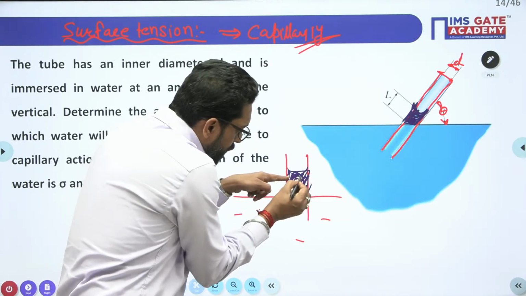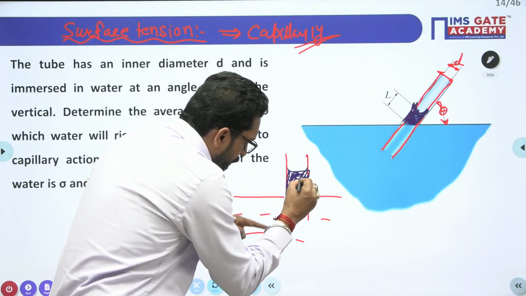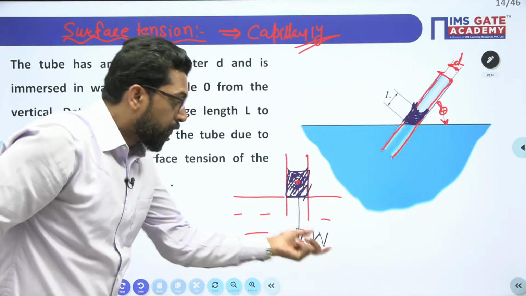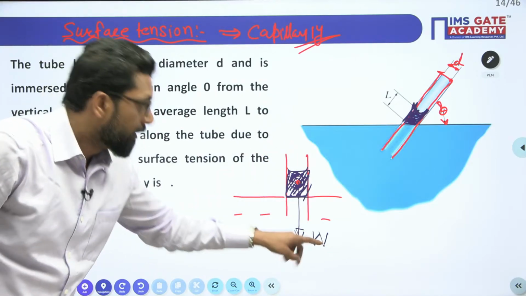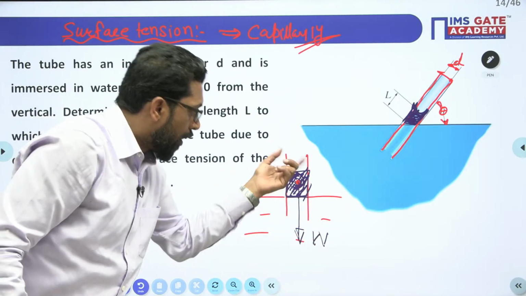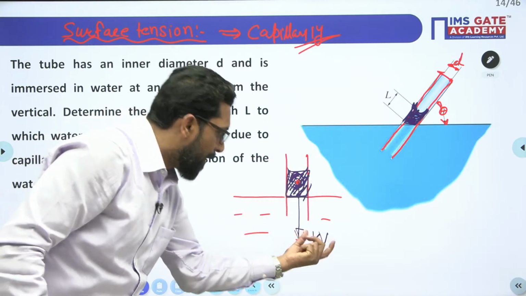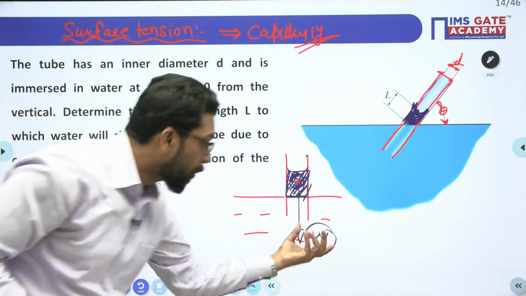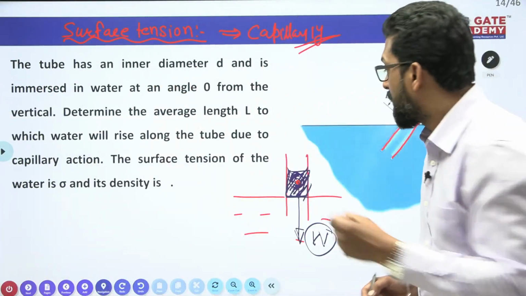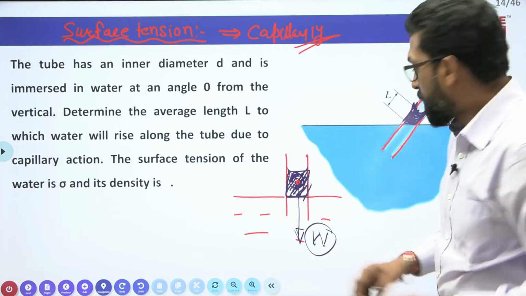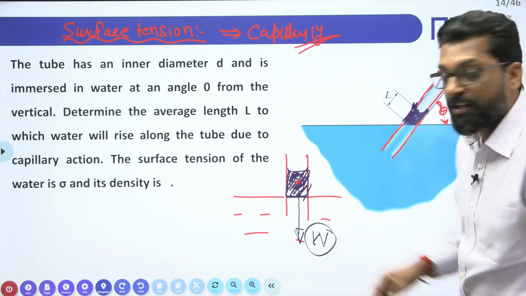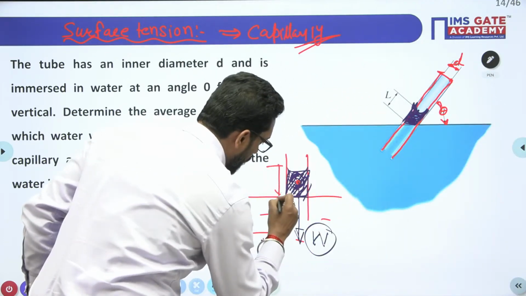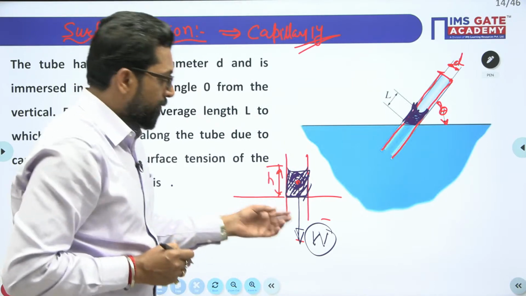That means this fluid has a weight W downward. Which force balances this weight? Which force is responsible for holding this weight? The force is surface tension. Due to the property of surface tension, the weight of this height of the column is held.